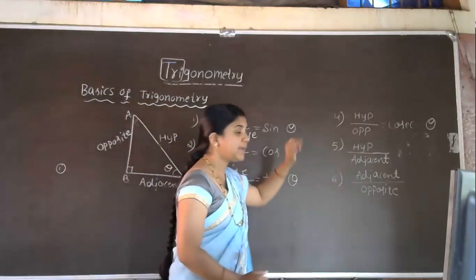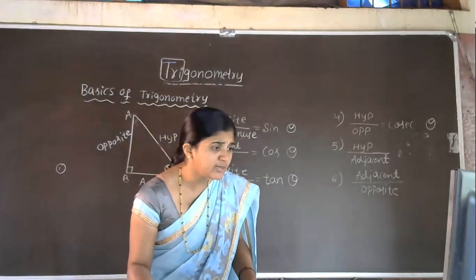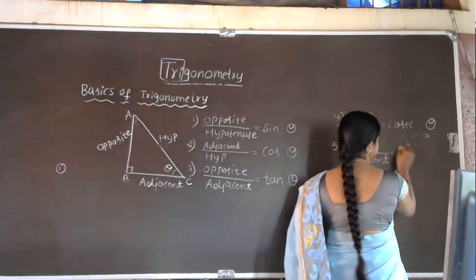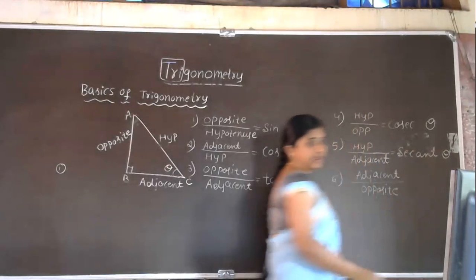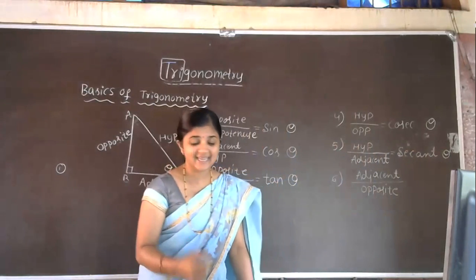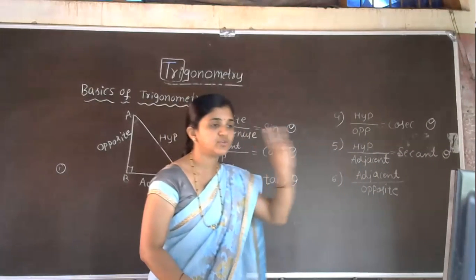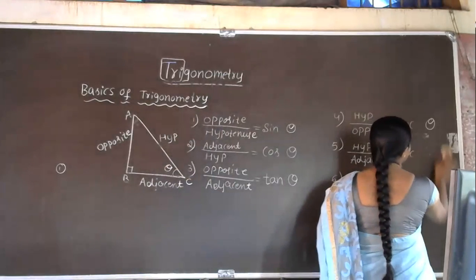Next, hypotenuse by adjacent. See here, hypotenuse by adjacent. For that the name is secant theta. Secant of angle theta. What is that secant of angle theta? That is hypotenuse by adjacent. Here also we have to choose the first three letters. That is sec theta.